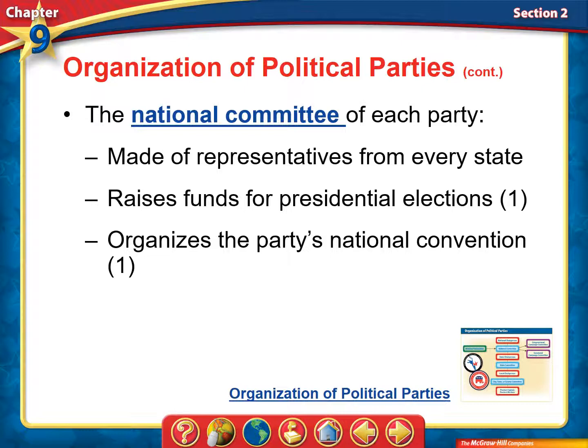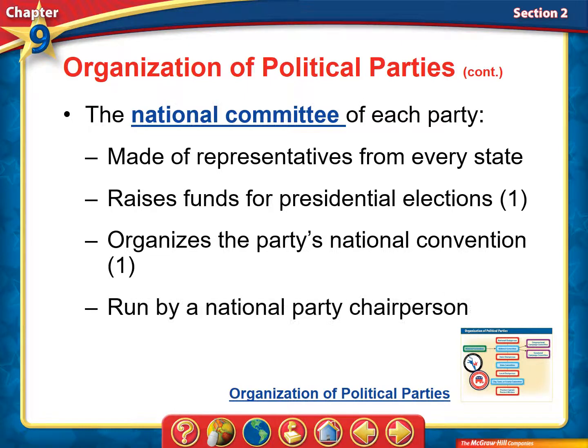And so at the National Convention, every 4 years, that party selects who is going to be their candidate for president. But they're also deeply involved in selecting who are going to be particular political candidates in small local and state elections as well. Again, they're run by a chairperson.